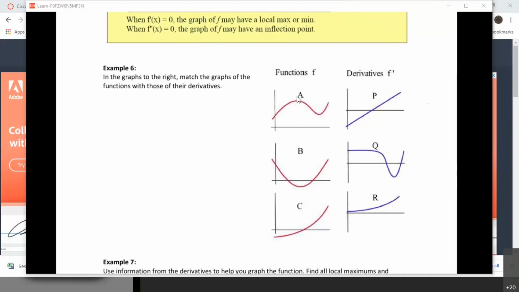Look for those as zeros in the derivative. We'll wait for some more of you to put answers up.